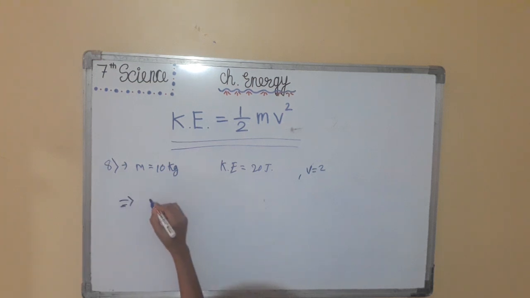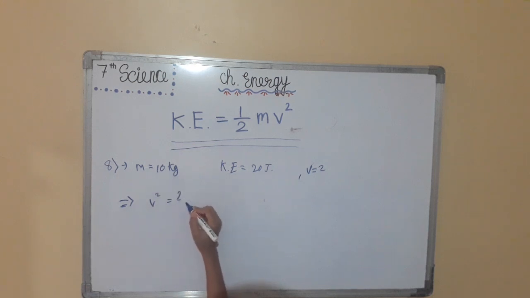After the transpose method, velocity square will be equal to 2 kinetic energy upon m.